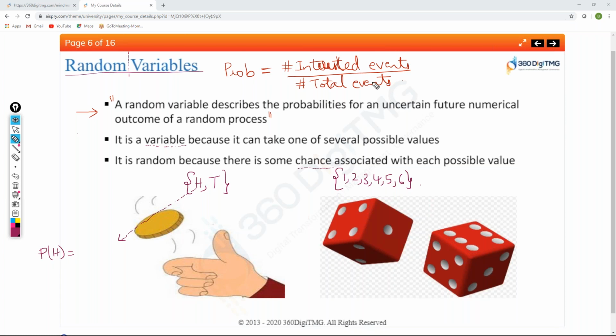We'll go with this formula. It's 1/2 or 0.5, but how did we get that? Number of interested events is a single event. You are interested in a single event called head. So 1 divided by the total number of events, which is 2. So it's 1/2.